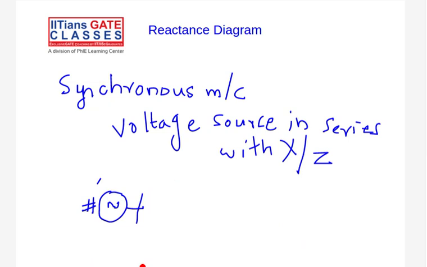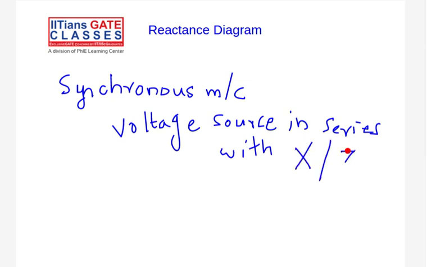Okay. Right. So now let's look at how the reactance diagram looks for a synchronous generator. As we said, it is a voltage source in series with a reactance, right? So what we do is we draw an AC voltage source connected to ground.